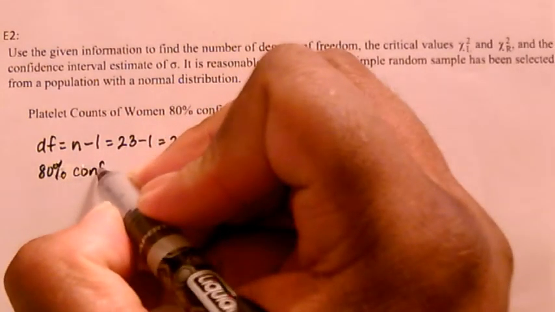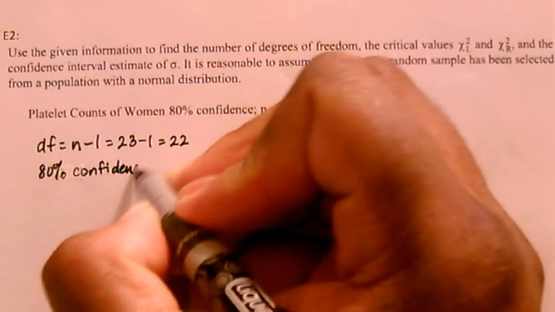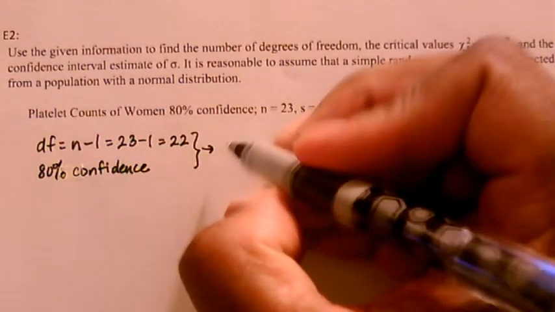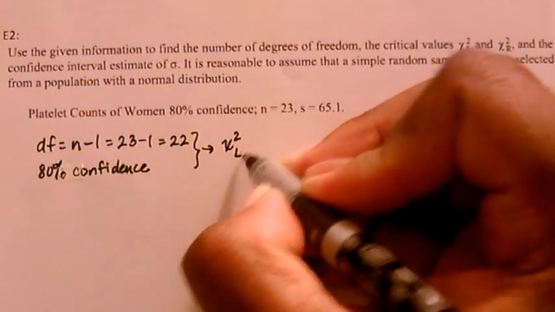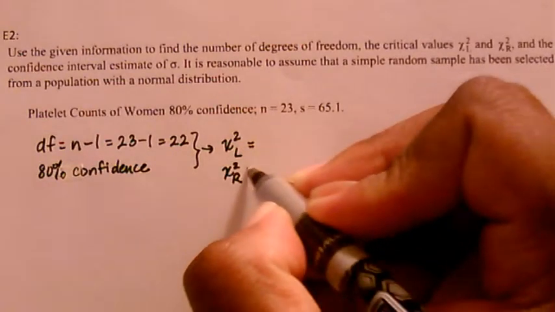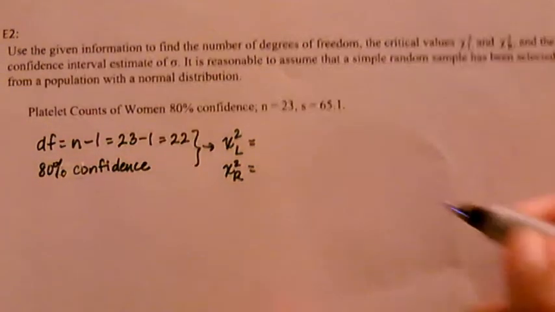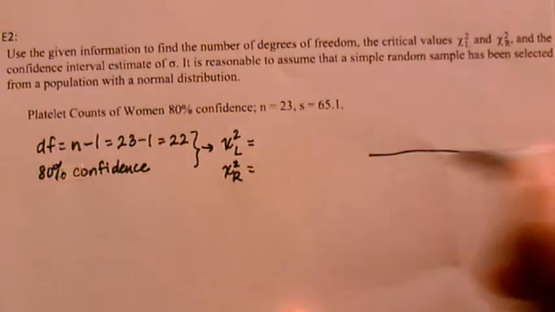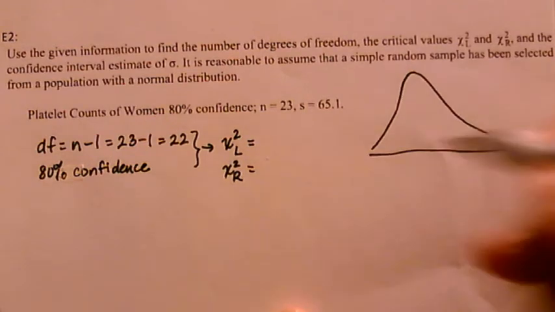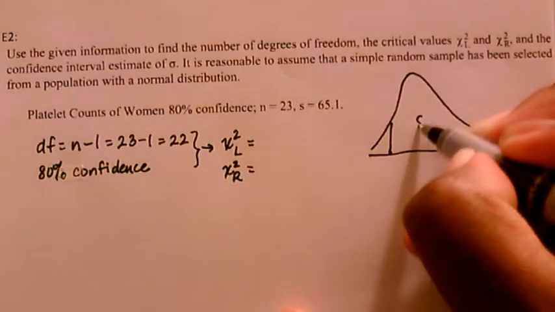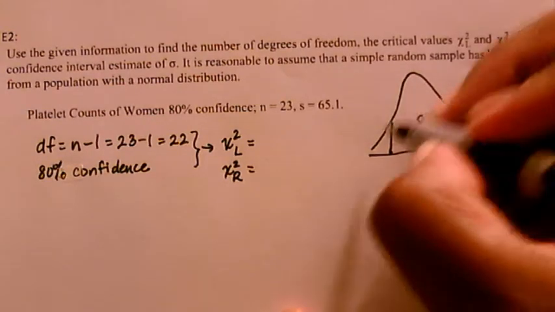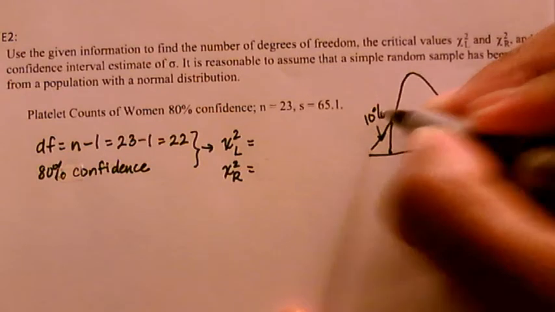And we're dealing with an 80% confidence level, which means we need a chi-square value on the left and a chi-square value on the right. And it helps to draw a chi-square distribution curve that looks like this. 80% is in the center, so that tells me that this must be 10%.